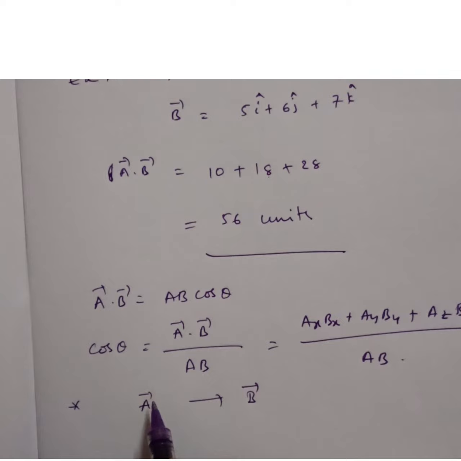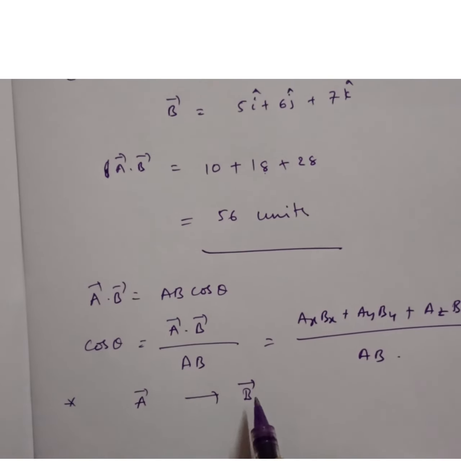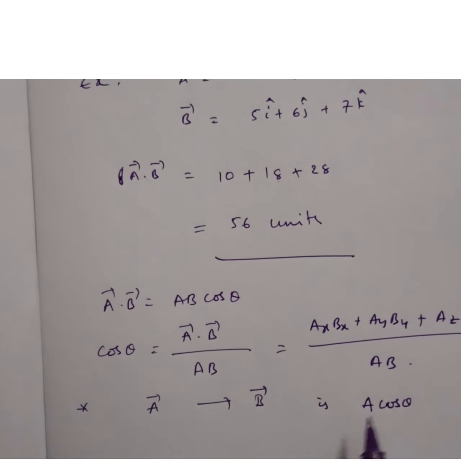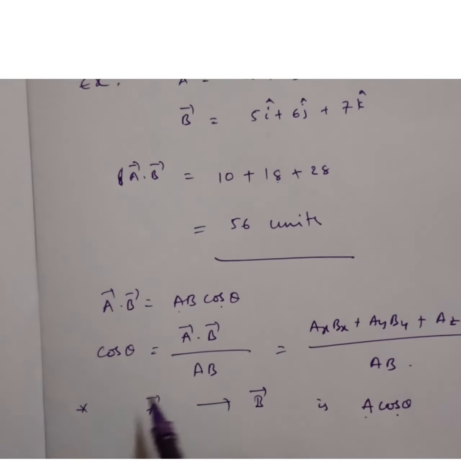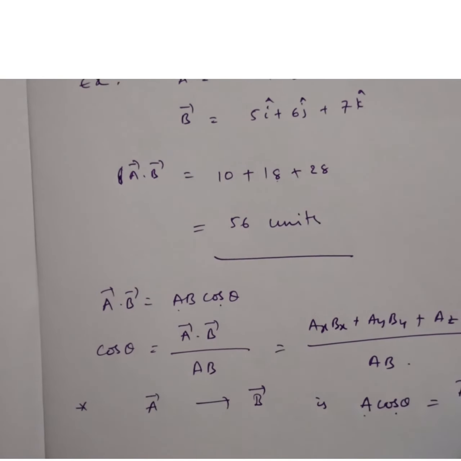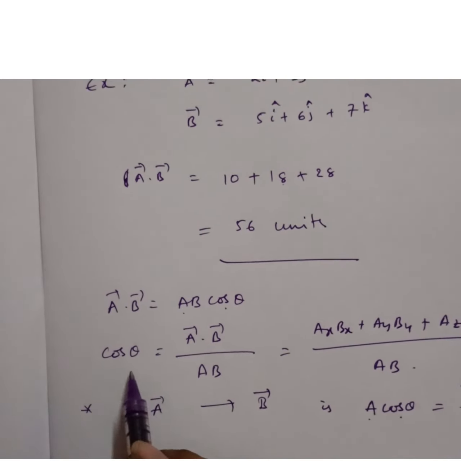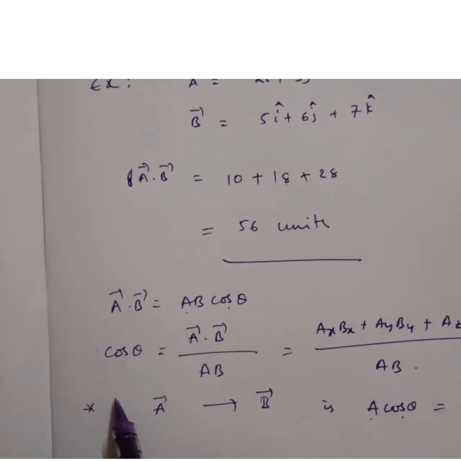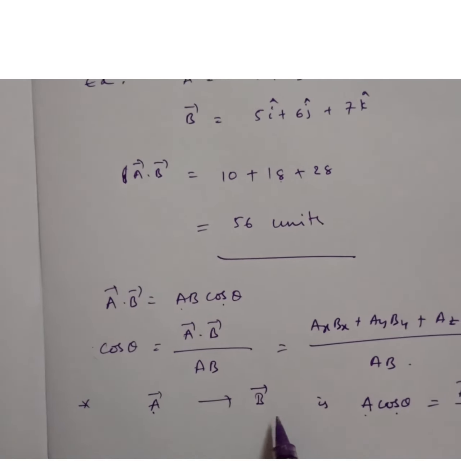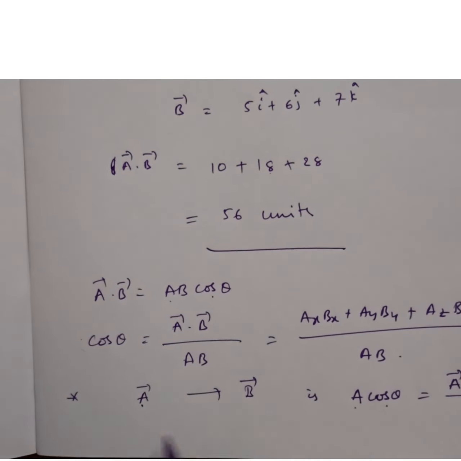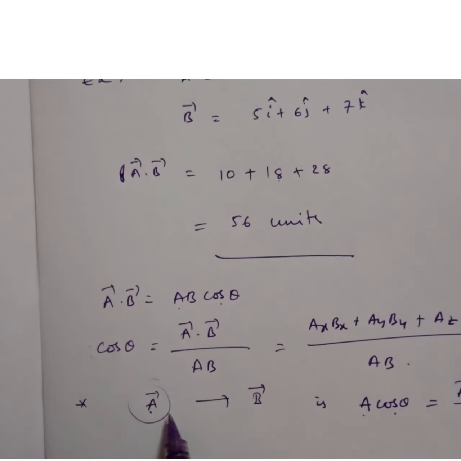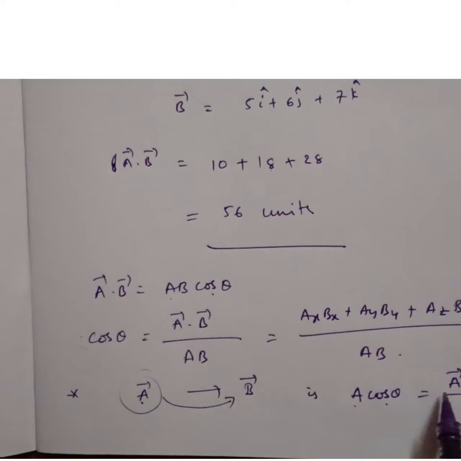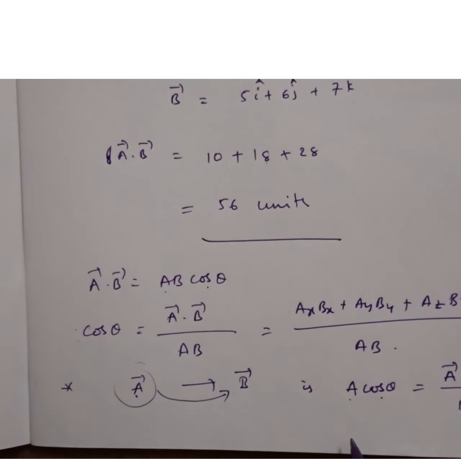The scalar component of A bar in the direction of B bar is A cos theta. So A cos theta equals A bar dot B bar by B, the component of A in the direction of B. It is expressed as A cos theta equals A bar dot B bar by the magnitude of B bar.